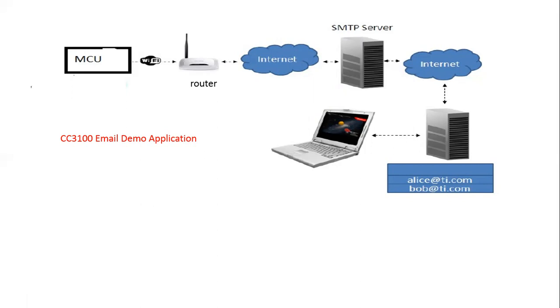That is one box, a server, which is called SMTP. Whatever mail you write in the microcontroller, that mail data is transmitted and placed in the SMTP server, and again this SMTP server transmits it to the particular user using the internet.